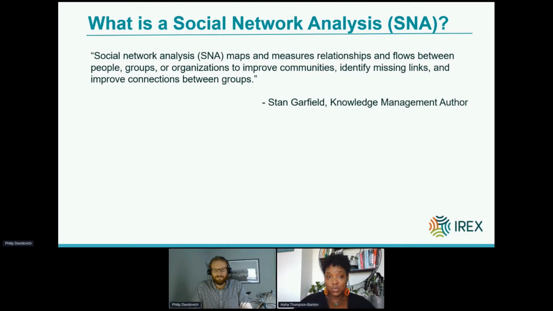And this is where social network analysis comes in. Social network analysis helps us to map and measure the relationships and the flows between people, groups, and organizations to improve communities, identify missing links, and improve connection between the groups. That is what we'll be talking about in greater detail today.